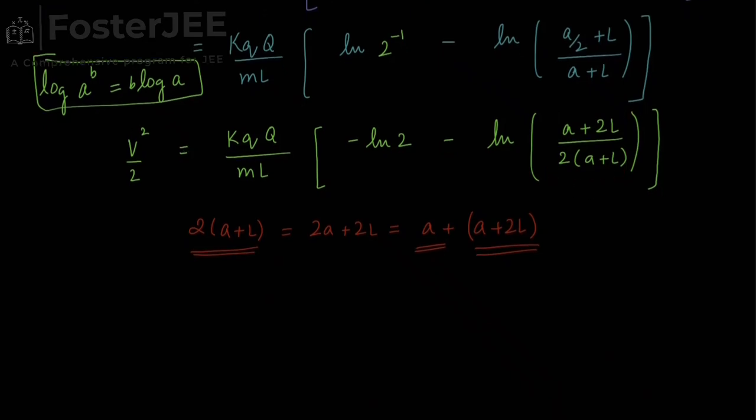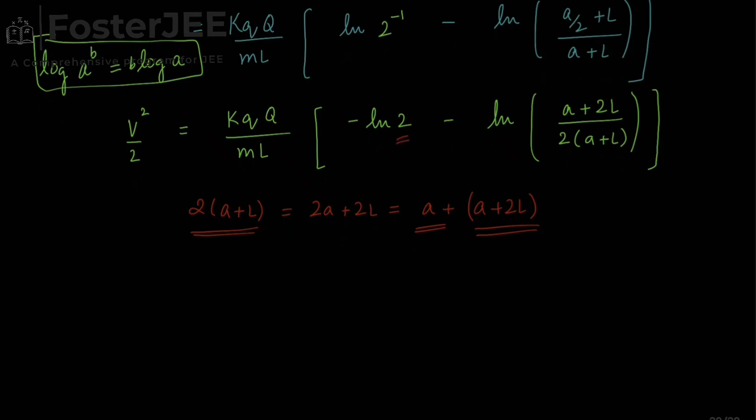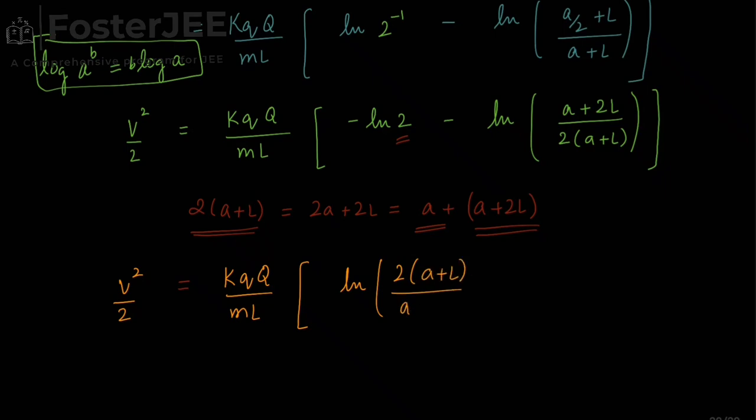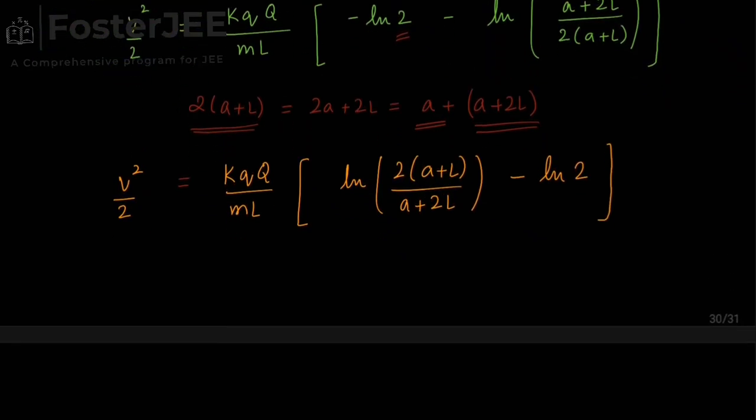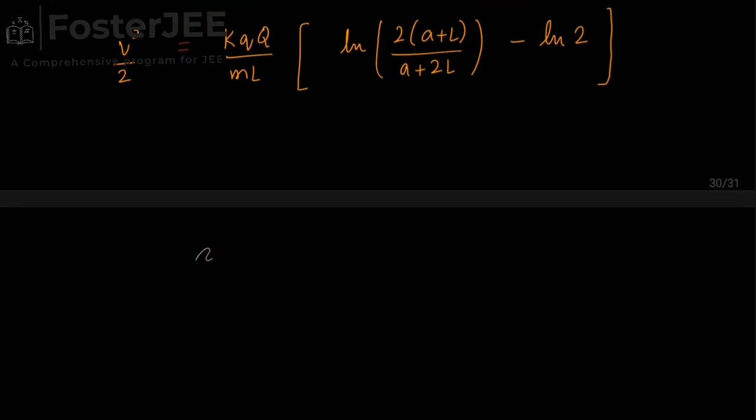So we will use this property again here and get v square by 2 equals KQq upon ml, ln of twice of a plus l upon a plus 2l, minus ln 2. Now also we know that log a minus log b is log a by b.